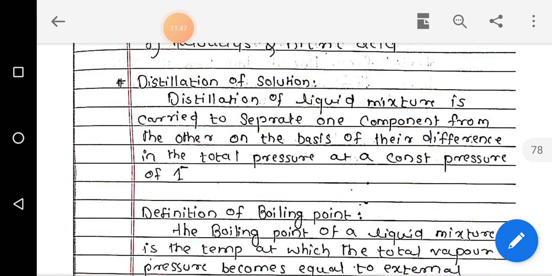So we use distillation only when there is some amount of difference in their boiling points, and by this difference we can separate them out. So the distillation method is most important. In TY chemistry, organic chemistry, we provide you these types of mixtures of volatile or non-volatile, liquid and solid compounds for identification.